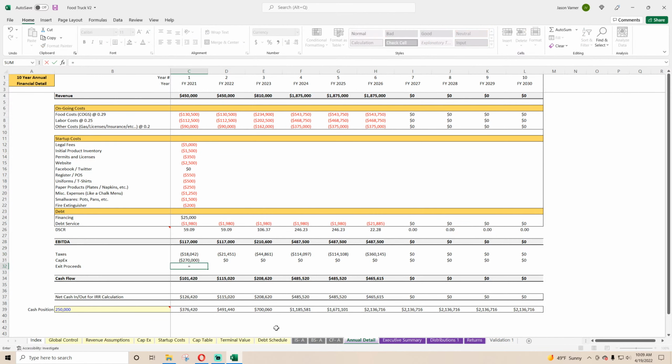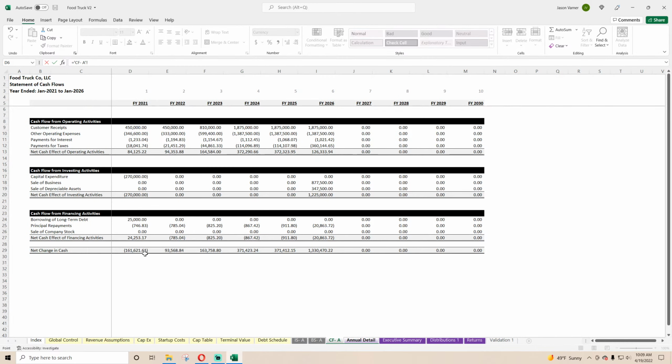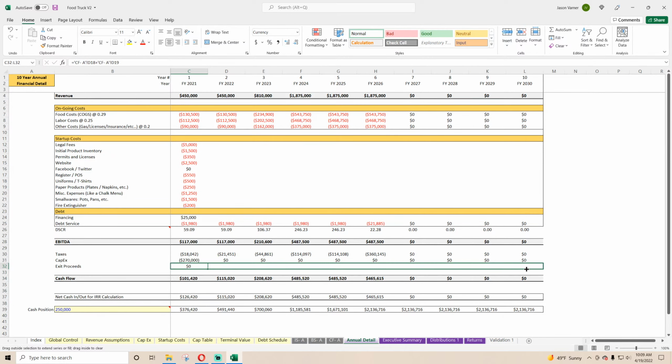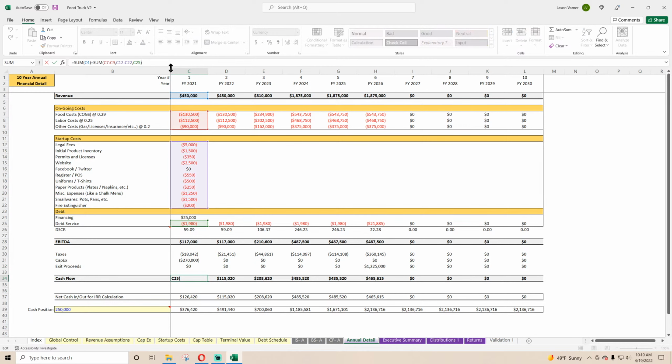And then exit proceeds. We'll add these two, sale of business plus sale of depreciable assets. Okay, and now cash flow.